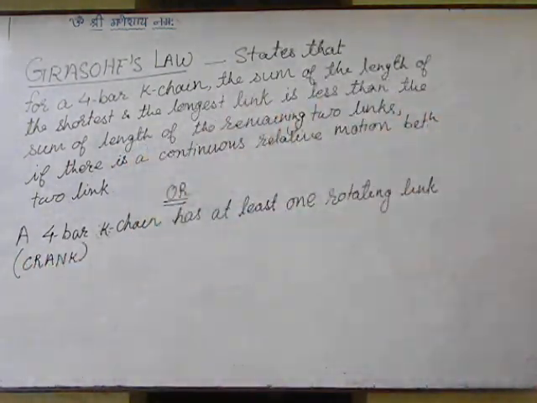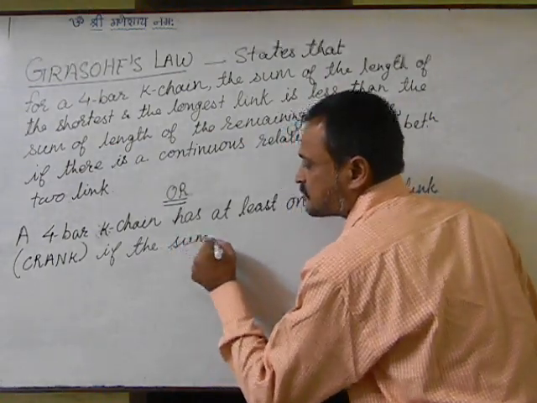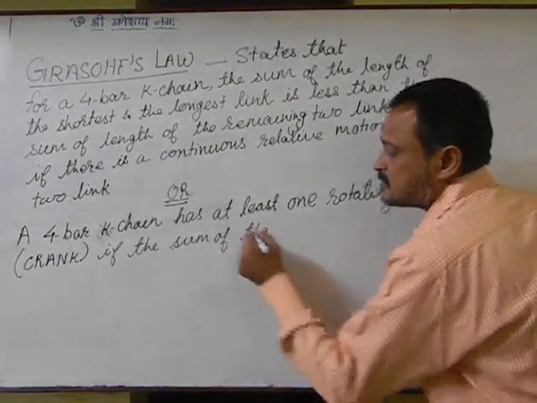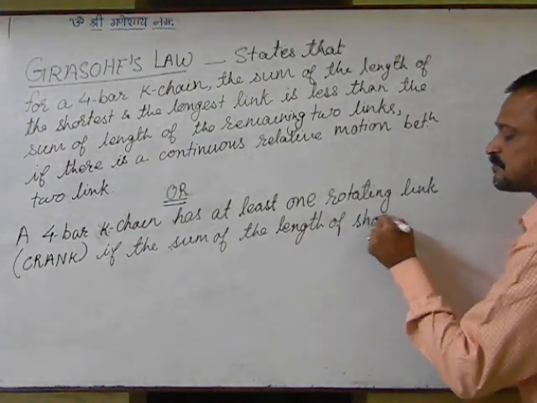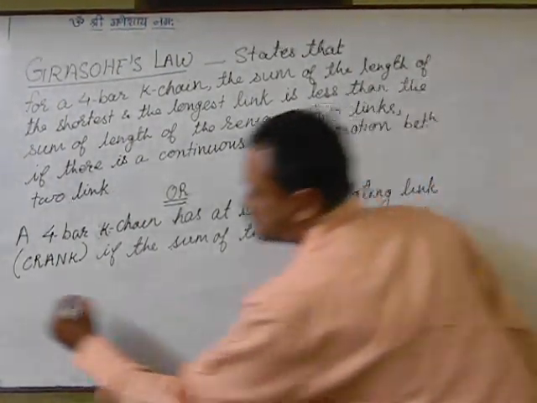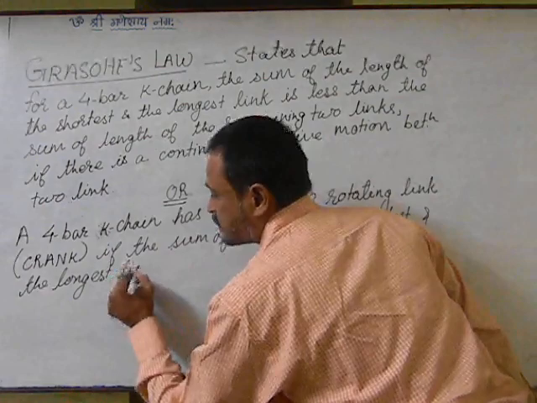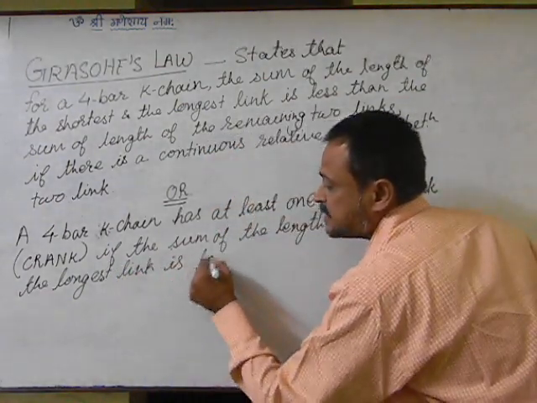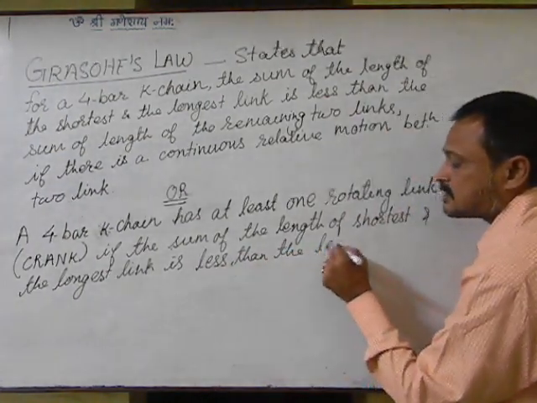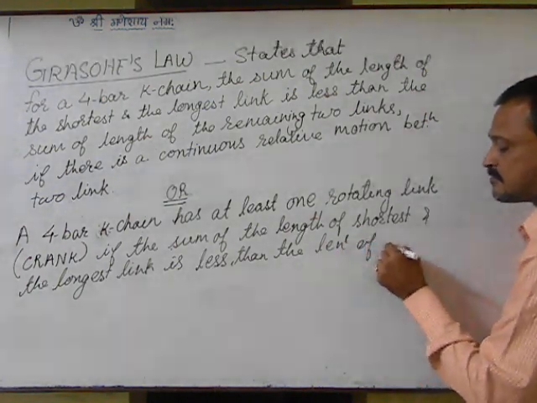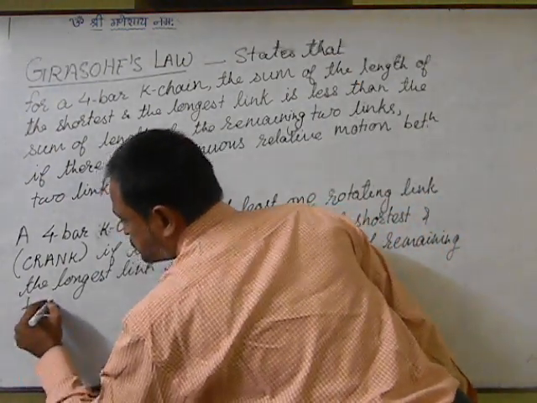At least one rotating link if the sum of the length of the shortest and the longest link is less than the sum of the lengths of the remaining two links.